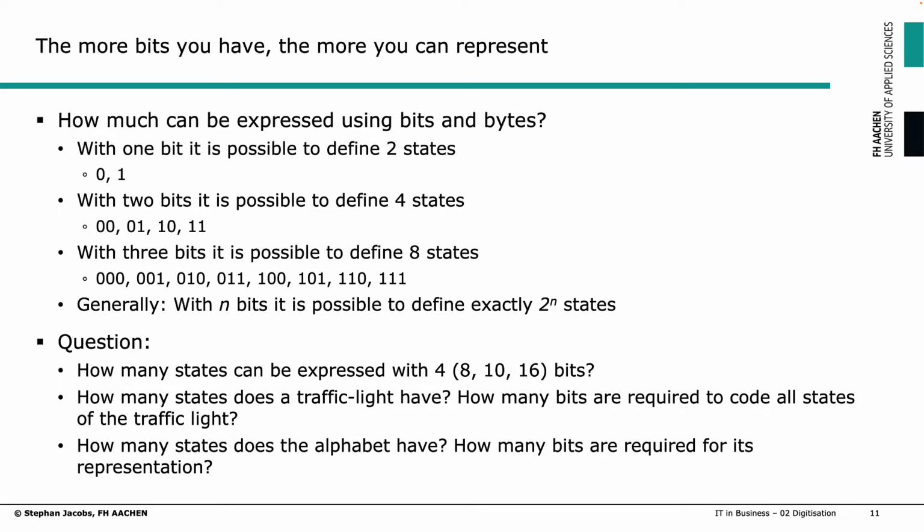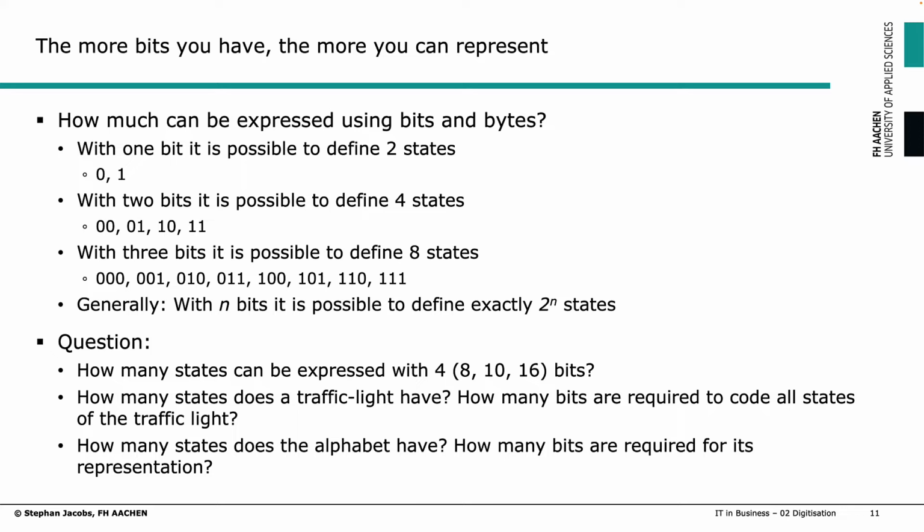Again, take this example of red and green in case of a traffic light, or power off, power on, for example, if you would like to switch a light on or off. With 2 bits, it is possible to define 4 states, namely 0 0, 0 1, 1 0, 1 1. With 3 bits, it is possible to define 8 states, 0 0 0 up to 1 1 1. They are listed in here.